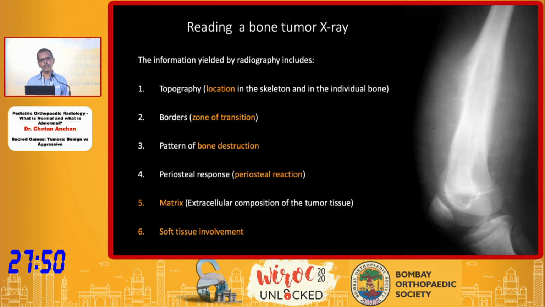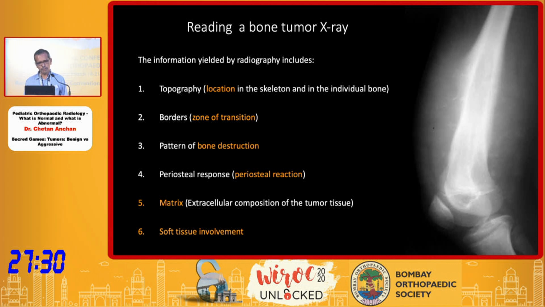Now how do you read a bone tumor X-ray? An X-ray reveals a lot of information about the bone tumor, but you should go about studying it in a very methodical way. These are the points you should look for. One is topography of the lesion: which bone it is affecting and where in that particular bone this tumor is.